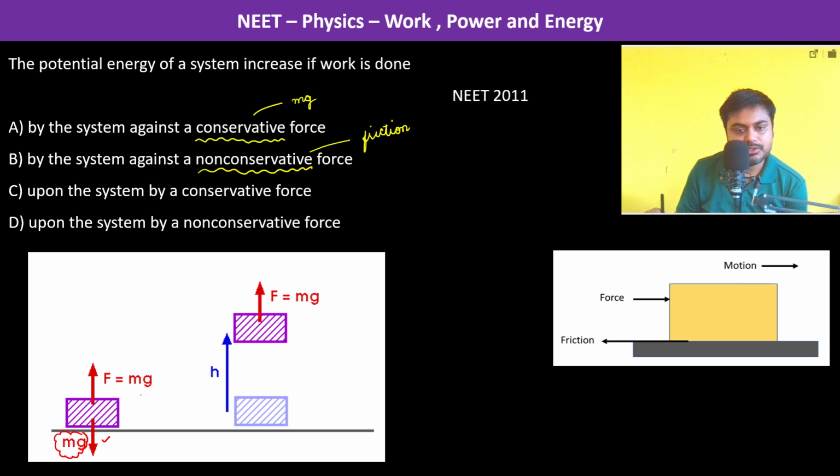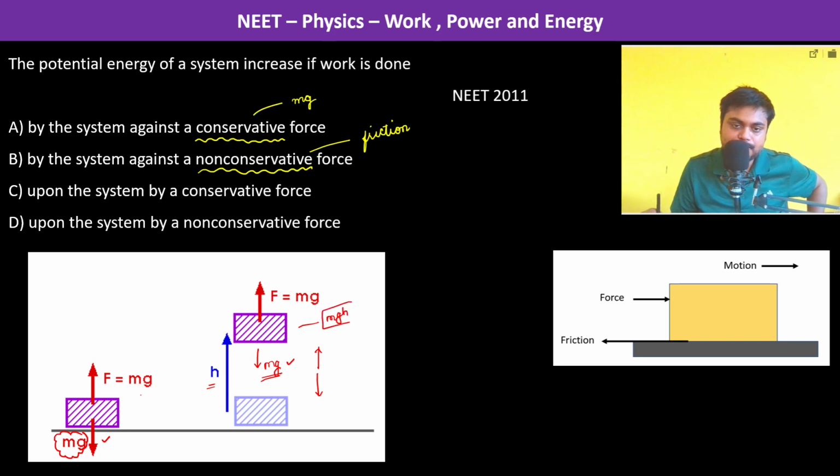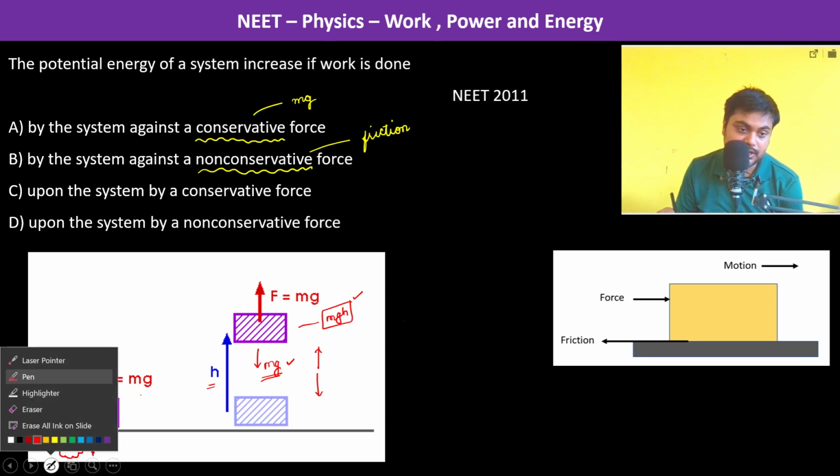Therefore, work done by mg: the displacement h is upwards, mg is downwards, and we know that the potential energy of the system has increased by mgh. So when work is done by the system against a conservative force, yes, the potential energy increases. That's true.